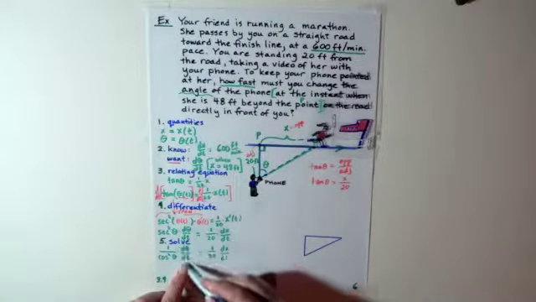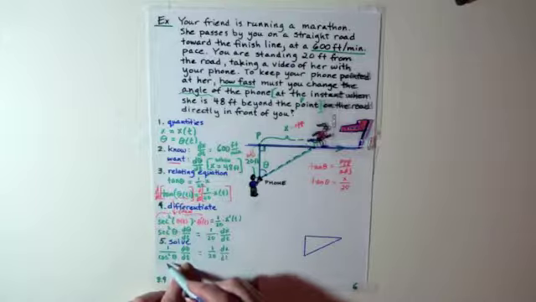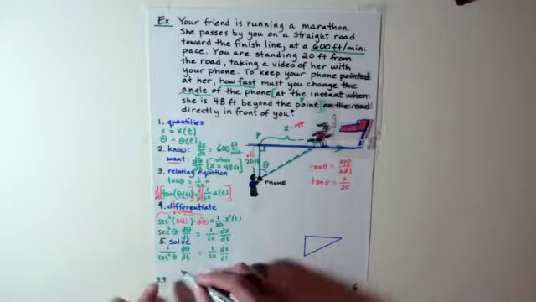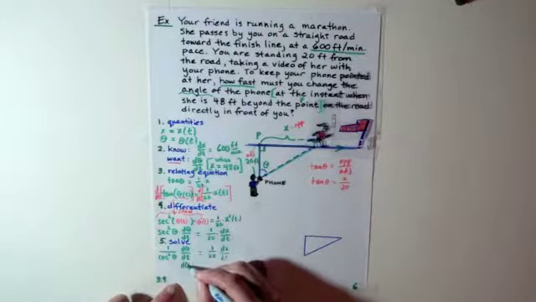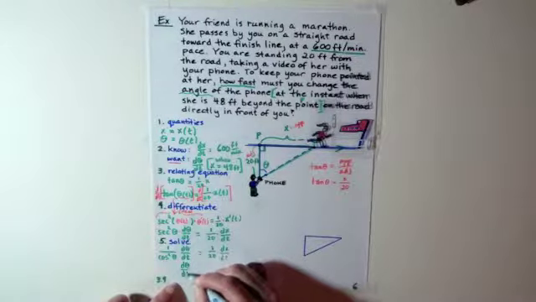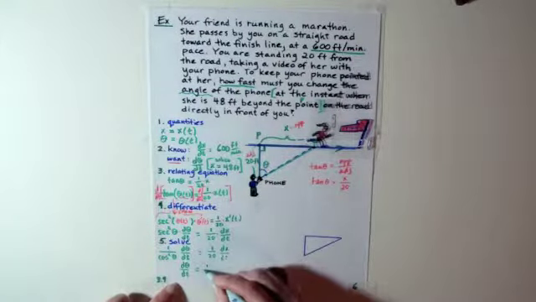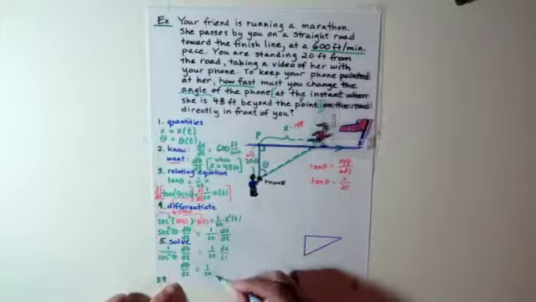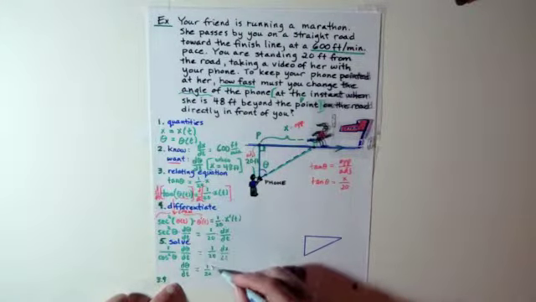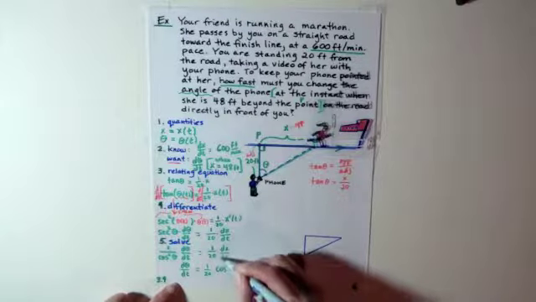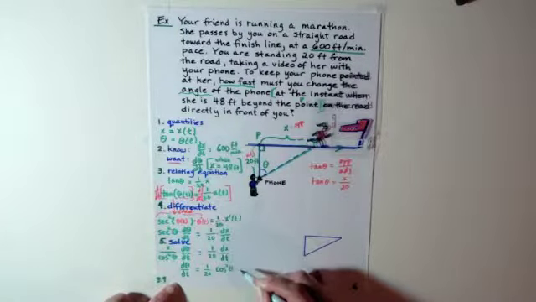So to get d theta dt by itself, I could multiply both sides by cosine squared theta. So let me do that. So d theta dt, the thing that we want, would be equal to 1/20th times, when I invert and multiply, cosine squared of theta, since I'm multiplying both sides by that, times dx dt.